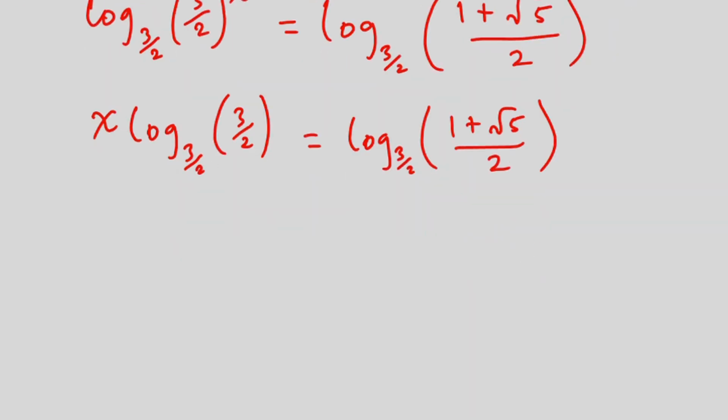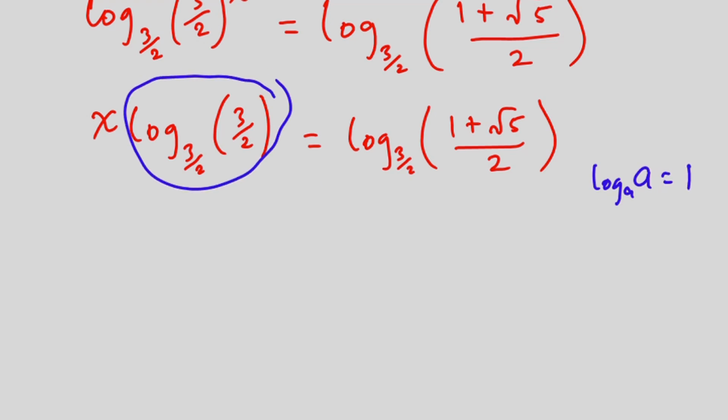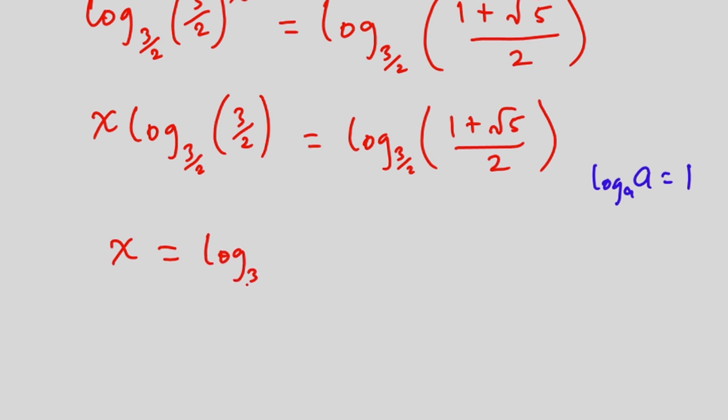Now we know that log base a of a is equal to 1. Therefore, the whole of this will be equal to 1. So we're going to have x times 1, which is x, is equal to log base 3/2 of (1 + √5)/2.